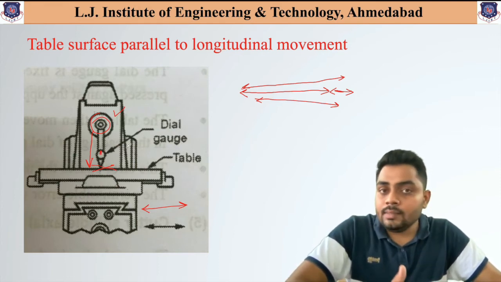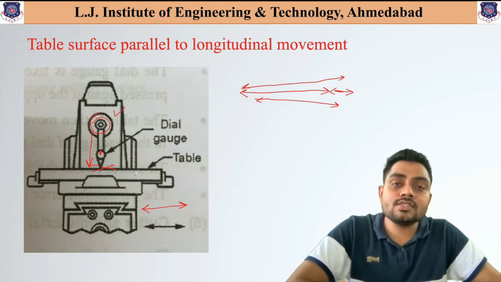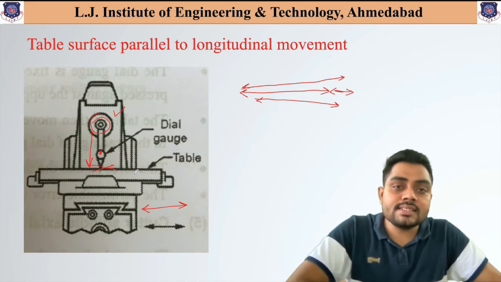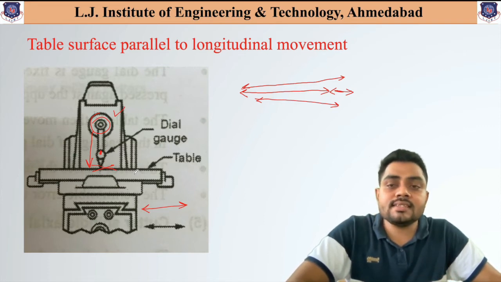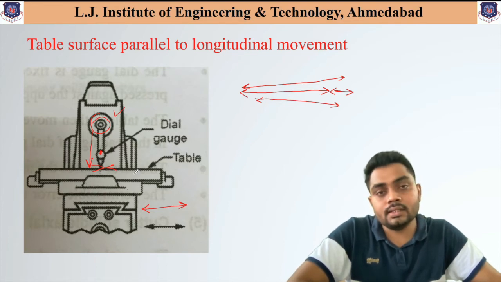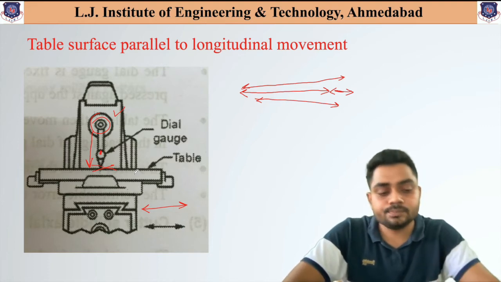So during the movement of the table, if the dial indicator is showing any deviation from the mean position, then we can say that this table surface is not parallel to the longitudinal movement. But if it is not showing any deviation, then we can say that this table surface is parallel to its longitudinal movement, right? And these movement related details we will also discuss during our practical sessions.